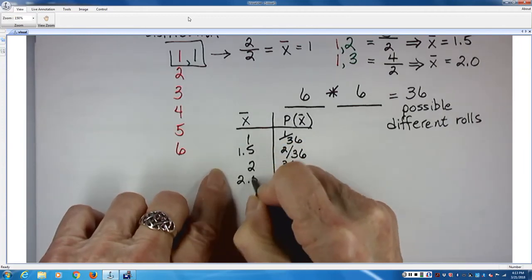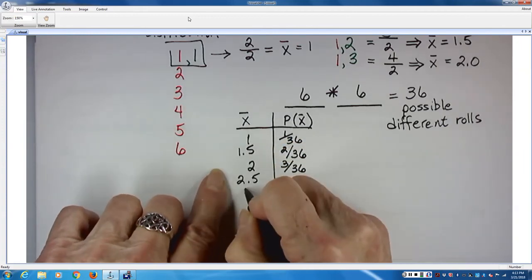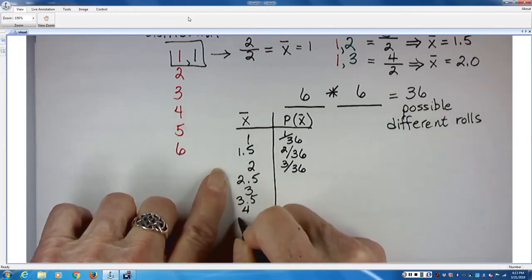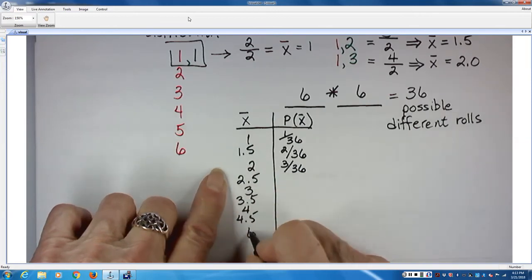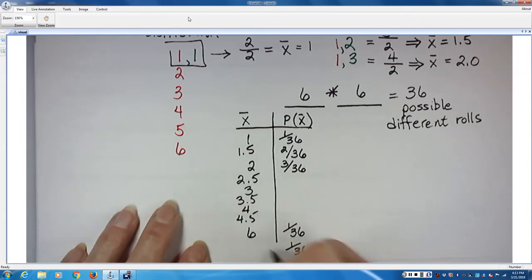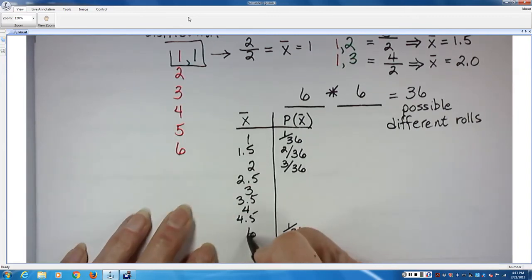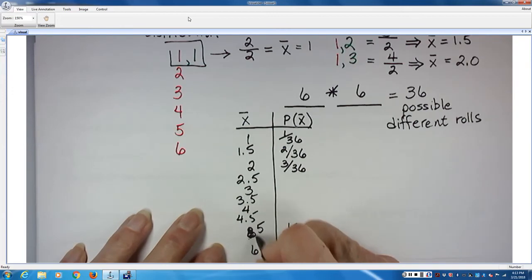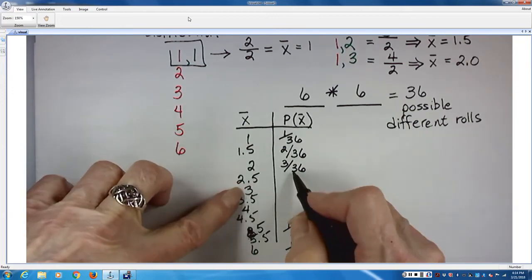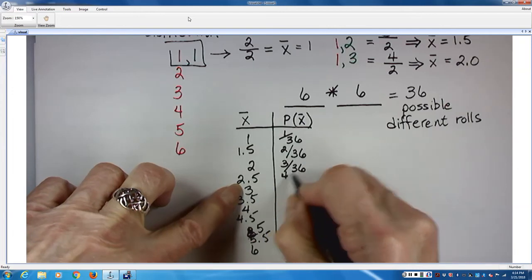Now the others are going to follow this pattern. I got a little carried away there, so I'm going to move my 1 over 36 down. So what actually happens is there's 4 out of 36 ways to get a 2.5.